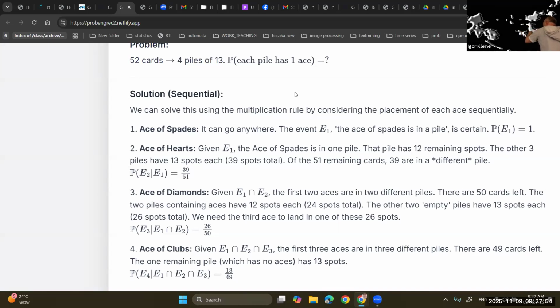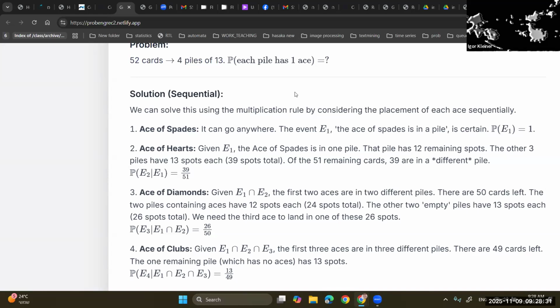These 12 cards for the first person, these 12 cards for the second person, this is the third person, this is the last. Let's find this probability. We know that the ace of spades is in some pile. For example, suppose it's here. This spades doesn't matter.